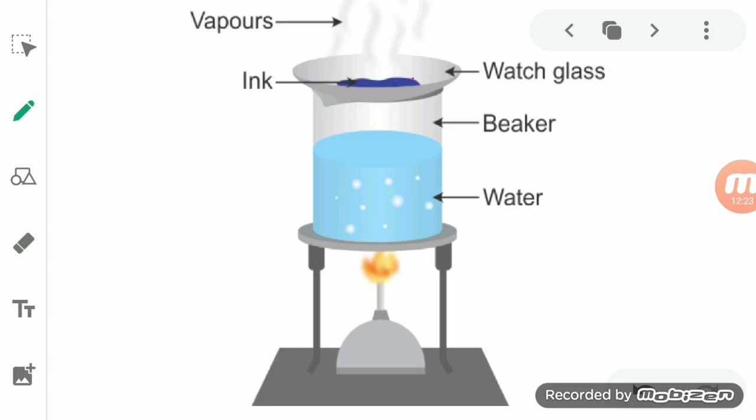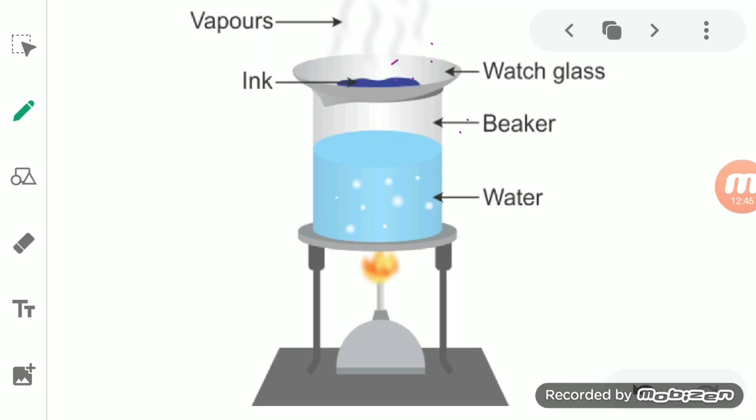This ink is basically made up of a dye and water. So when you provide heat to it, the water will get evaporated and the dye will remain, and by this method we can separate the color component of the ink.